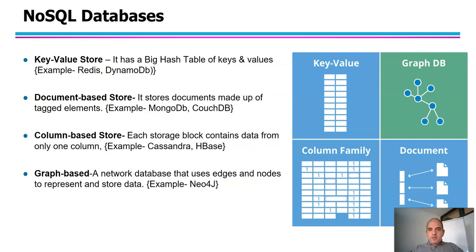The second one is the column family or column-based store. It is just like a key value store, but it has other columns. It looks like a table, but it's not a table indeed. When you make a query, it reports you just like a table, but in the background, it's not a table.